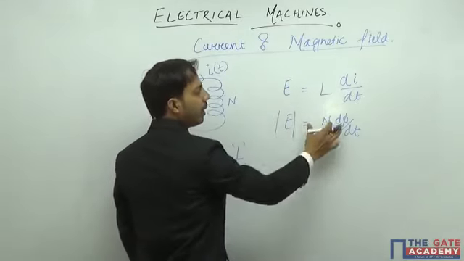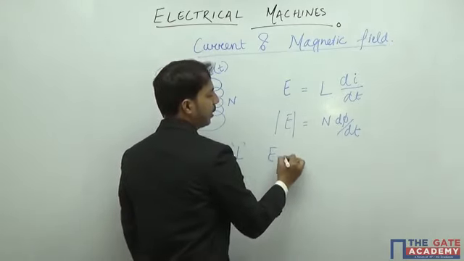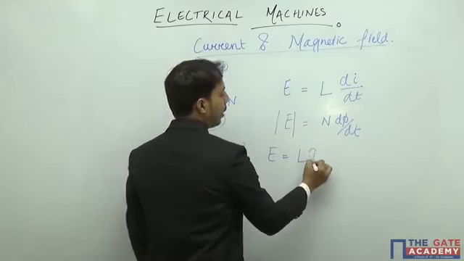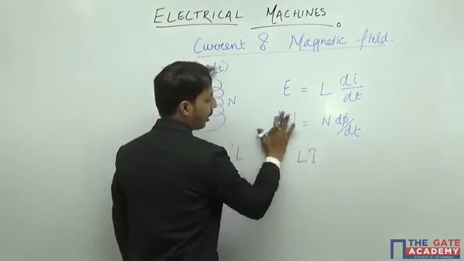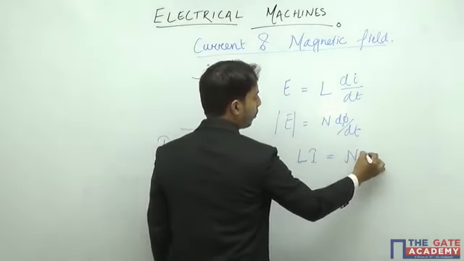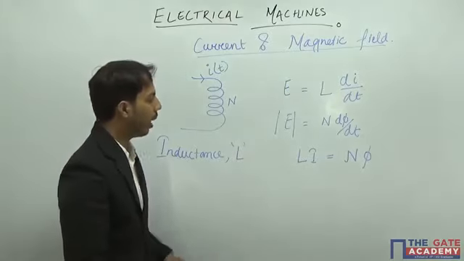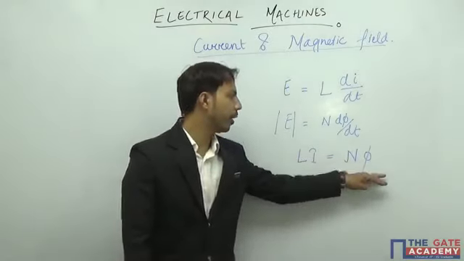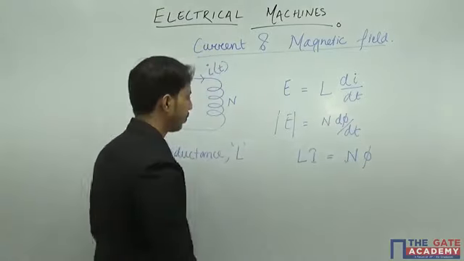Now I can equate both of them, and by equating and integrating, what I can say is Li is equal to N into phi. That means I am equating these two and then integrating.